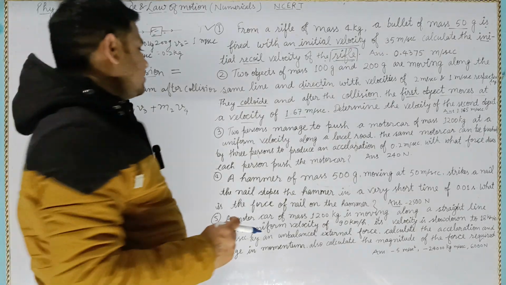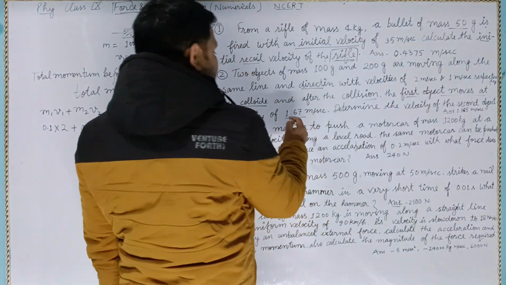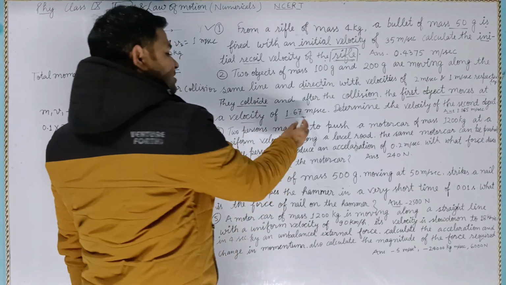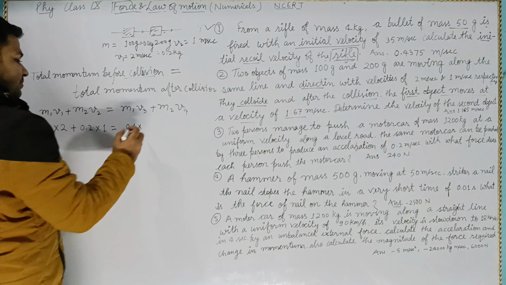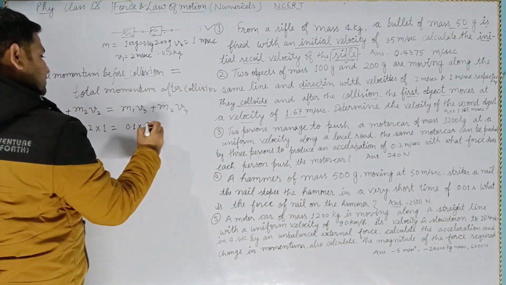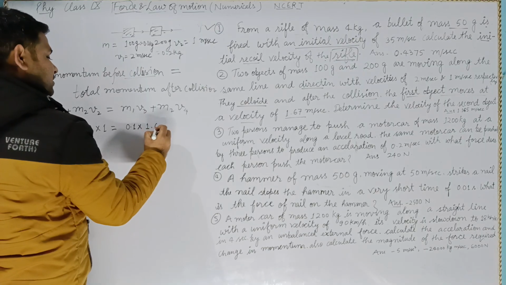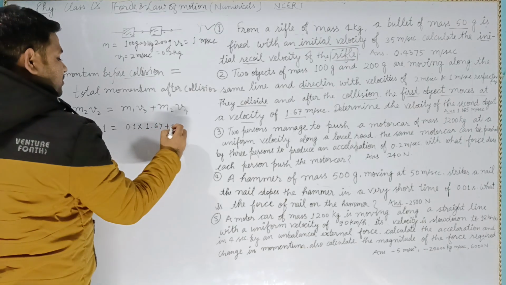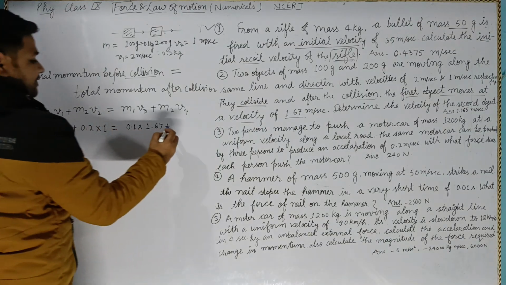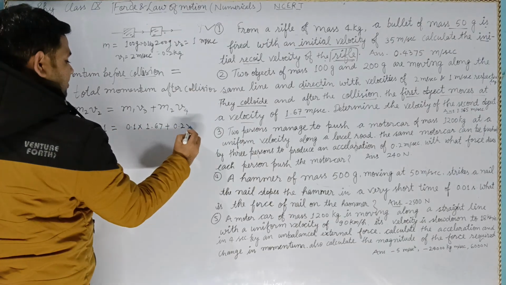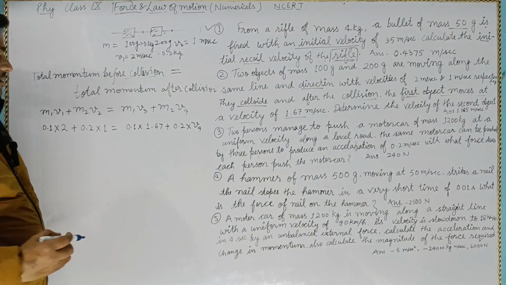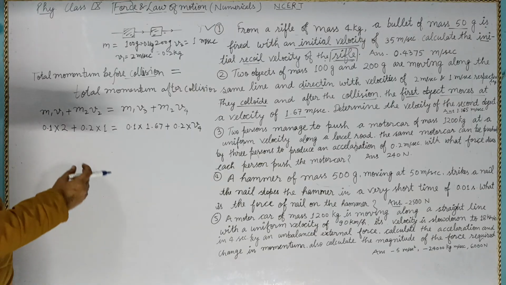After the collision, the velocity of the first block is 1.67, so v3 is 1.67. m2 is the mass of the second block, which is 0.2, and its velocity will be v4, which we have to find out.